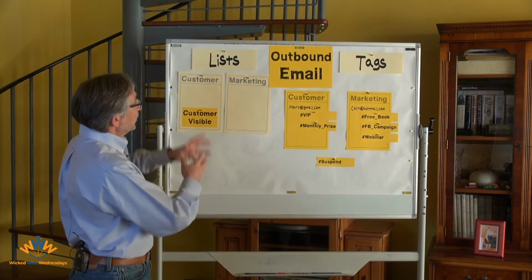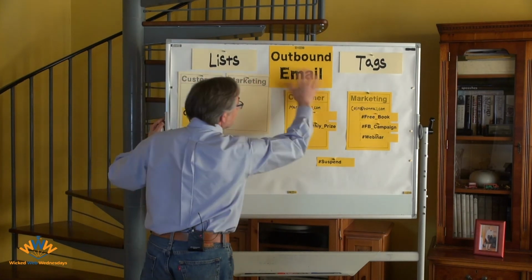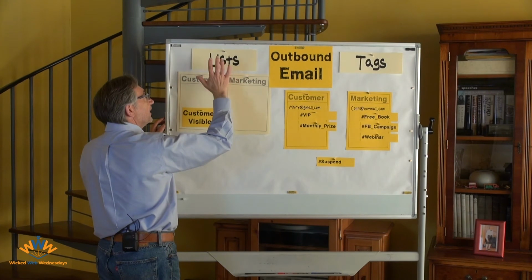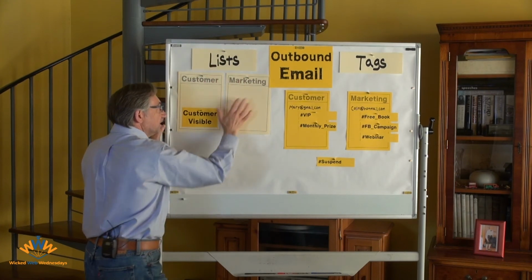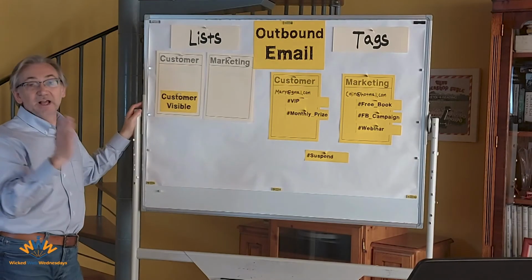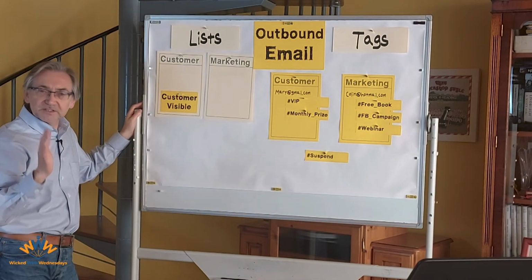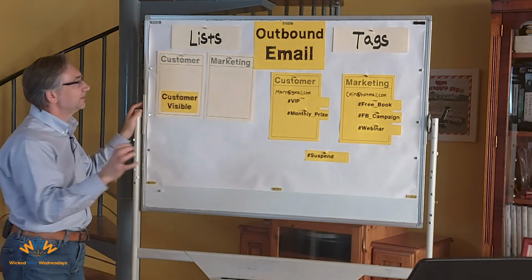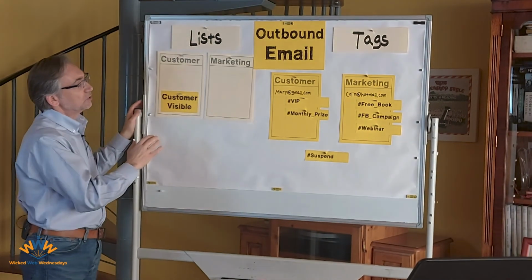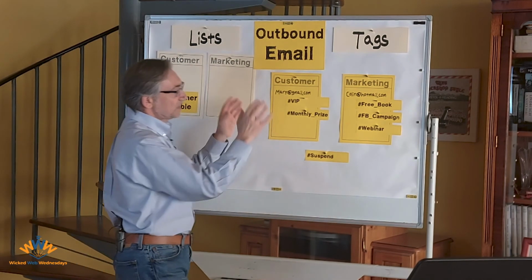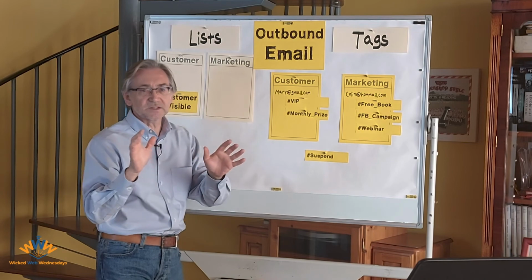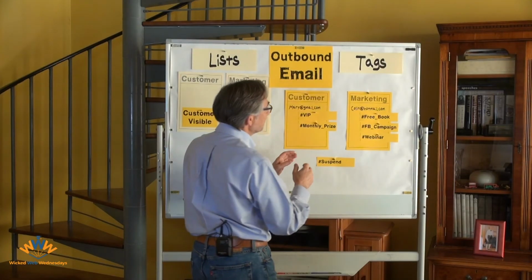So this is a quick rundown on the confusing bit of outbound emailing. People often start by getting a relatively simple system and just having different lists, and they think that that's going to serve their needs well, and it does to begin with. But it starts becoming very ungainly very quickly, actually. And so I would encourage you to get into a tagged environment quickly. Don't get put off by the idea of having all of these tags and thinking it's all going to be very confusing.